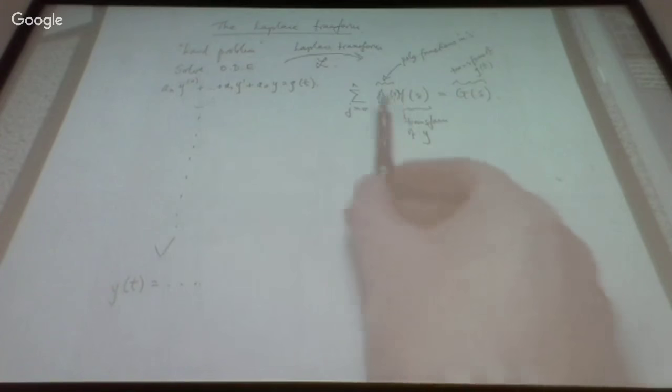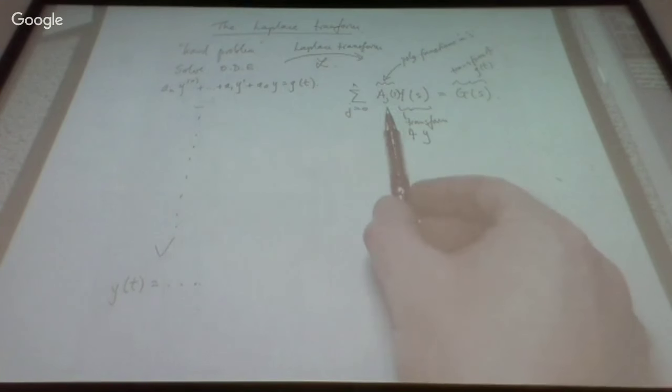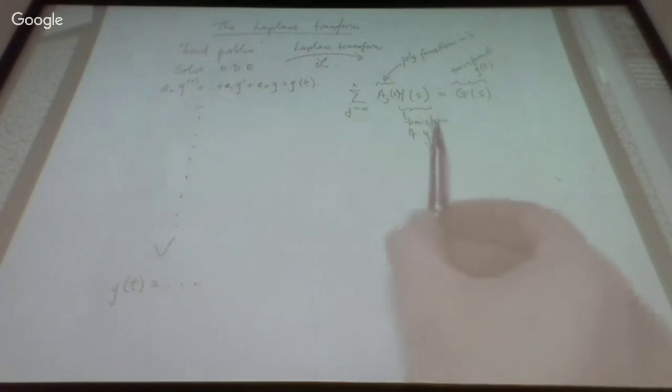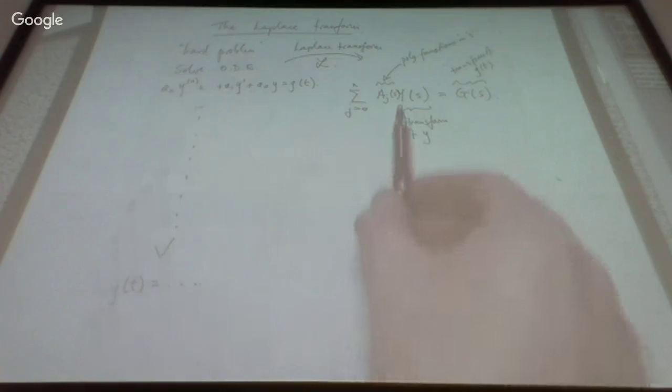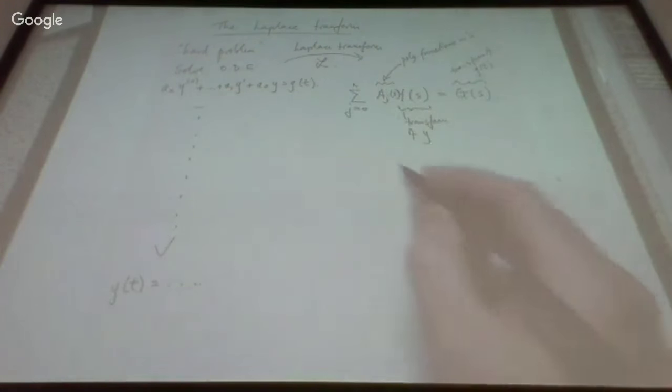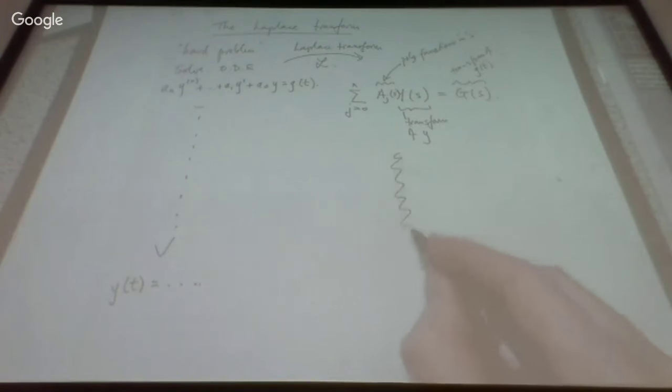That goes into this polynomial function in S. So it's not the case that each different derivative transforms to exactly this function capital Y of S. Each different derivative transforms to a different multiple of capital Y. You've got a different polynomial function. But anyway, we'll see all this in full detail shortly, in the next few lectures.